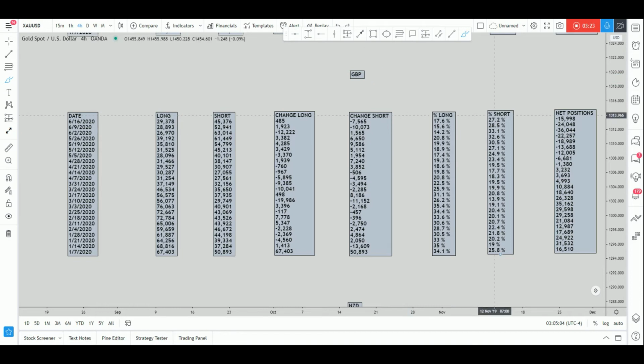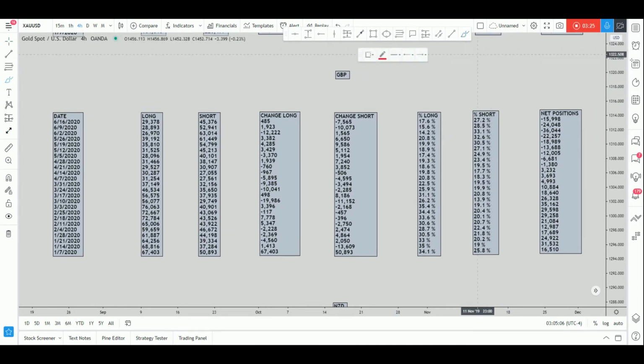So what we can see here is that with the last reports, we went from having 36K net positions all the way up to having minus 15K net positions. So an increase in the short-term strength of the pound. In fact, we had 17K shorts closed in total with almost more than 2K longs added. So thousands of shorts getting closed and thousands of longs getting opened.